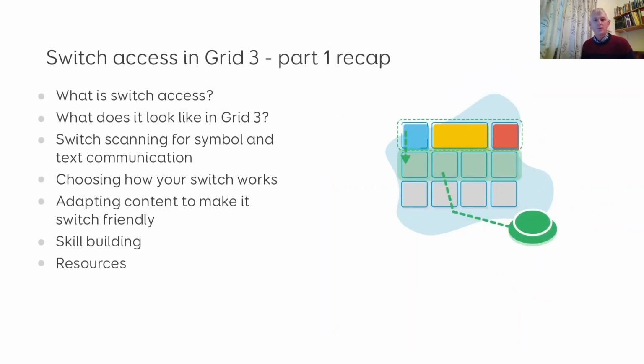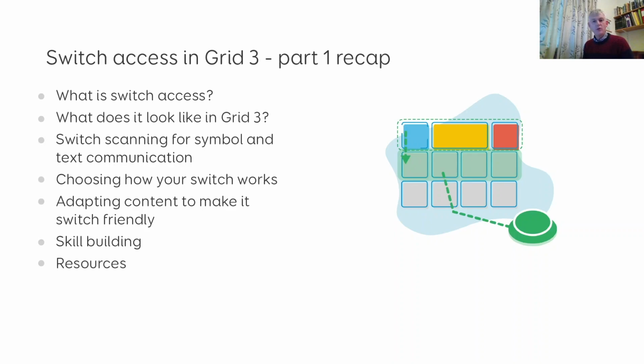We looked at what a switch actually is, what switch access looks like. We looked at switch scanning in both symbol and text communication content within Grid 3. Choosing how your switch would actually work in terms of, for example, what we would call a scanning pattern. Being able to adapt the content within Grid to make the content as it's displayed on the screen as efficient as possible.